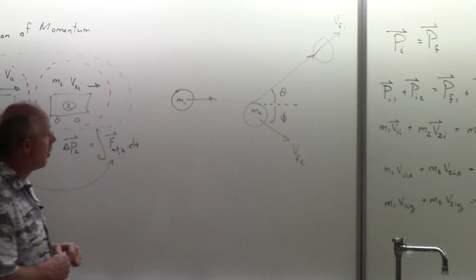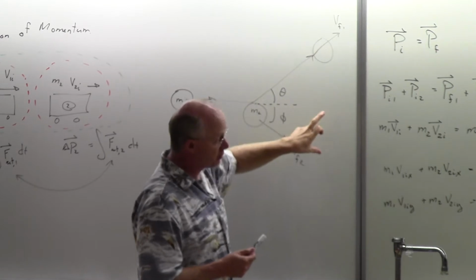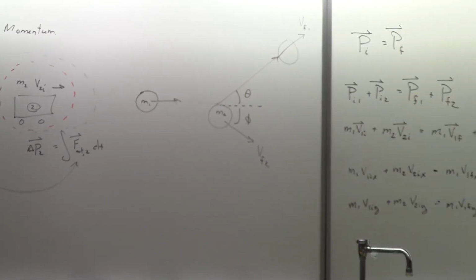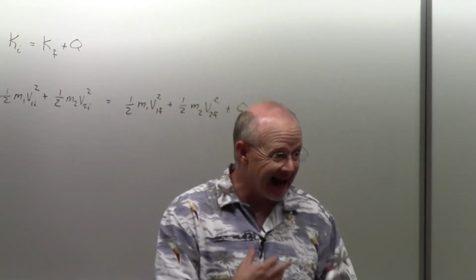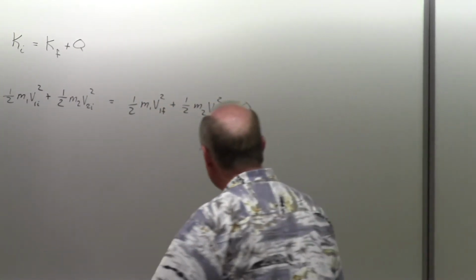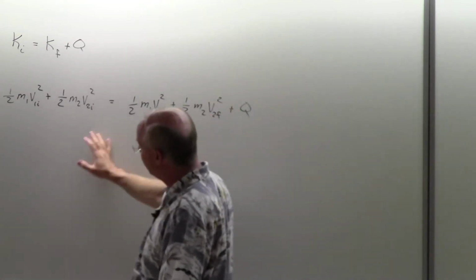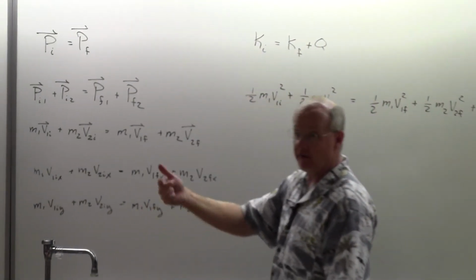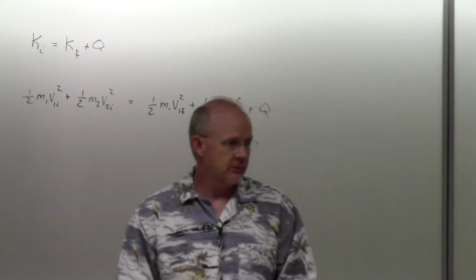But if they gave us one angle, but not the second angle and not the two speeds, don't I have three equations and three unknowns? If they've given me everything else, like they say it's an elastic collision. So if they tell me it's an elastic collision, they've given me the Q, they haven't given me the final speeds, they have given me the initial speeds, they haven't given me the angle of one of them, but they've given me the other. And so three equations, three unknowns.